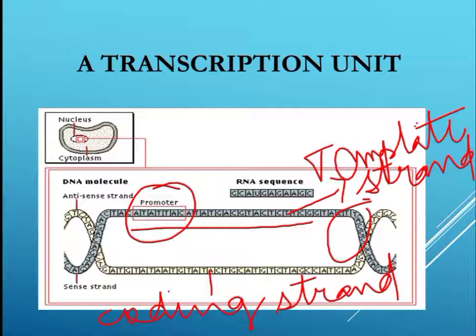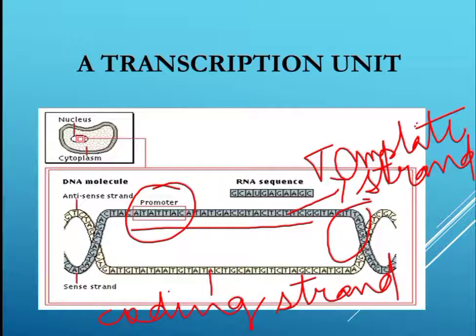Cistron is a segment of DNA that codes for a polypeptide. In a transcription unit, the structural gene could be monocistronic, mostly in eukaryotes, or it may be polycistronic, which is mostly in bacteria or prokaryotes.